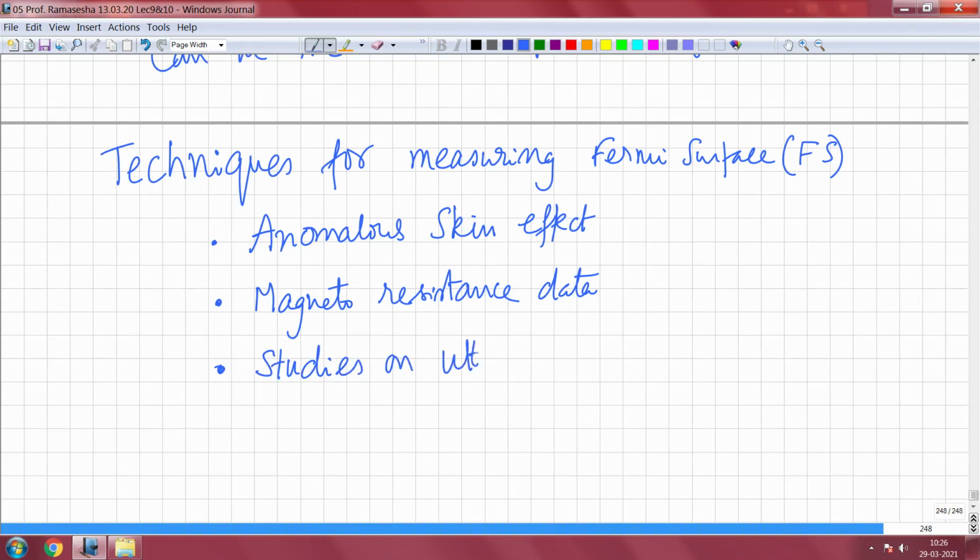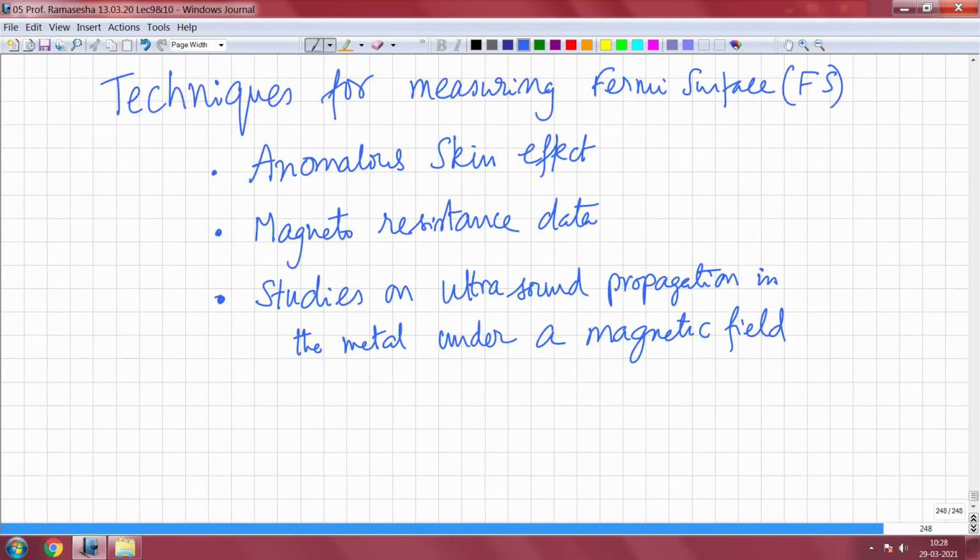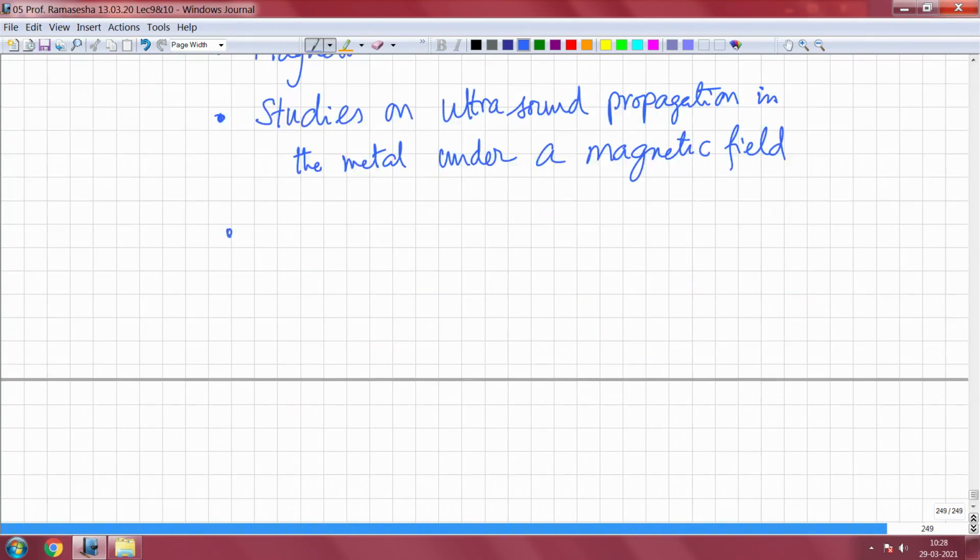Studies on ultrasound propagation in the metal under a magnetic field. We can also measure the Fermi surface by doing optical reflectivity studies. Optical reflectivity measurements can give you information about the Fermi surface.